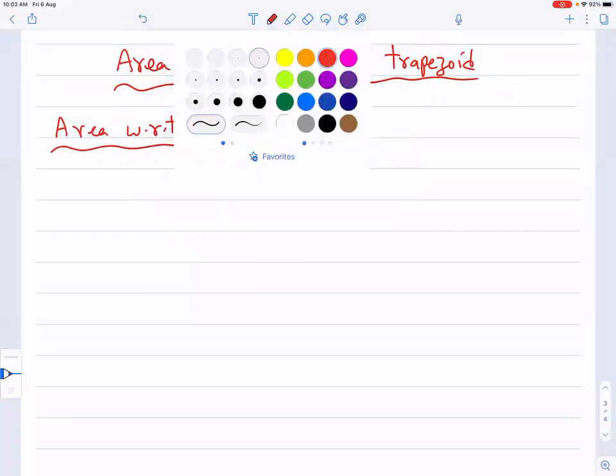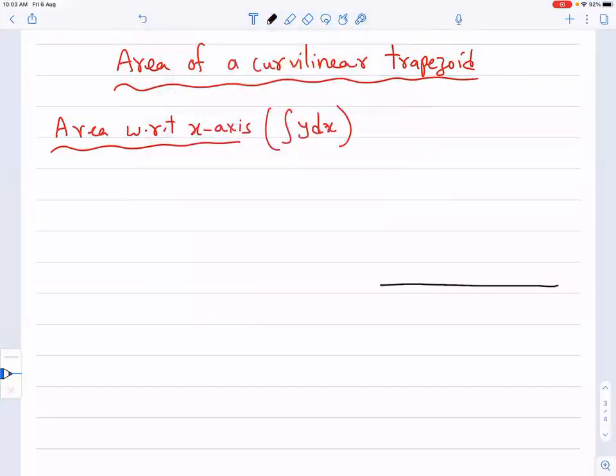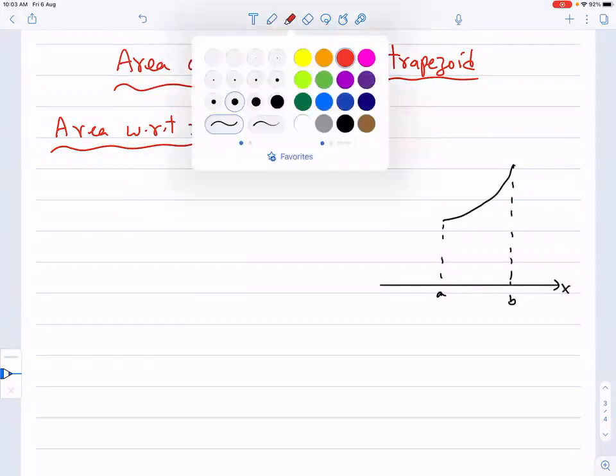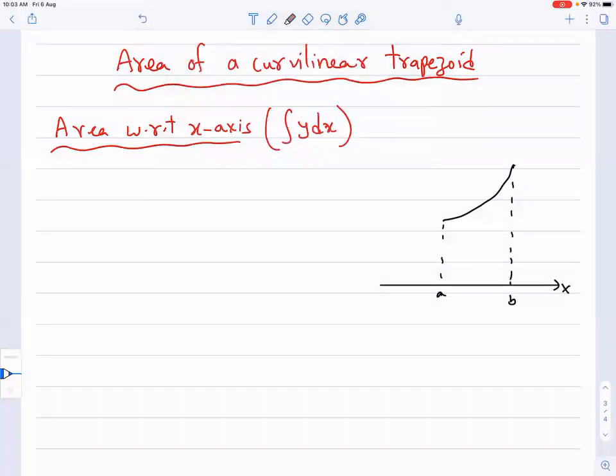Now imagine you have a curve which is like this, f of x, completely above the x-axis. And we are interested in finding out the area from A to B. Now the area under this curve, this entire area, is the area towards the x-axis from the curve.